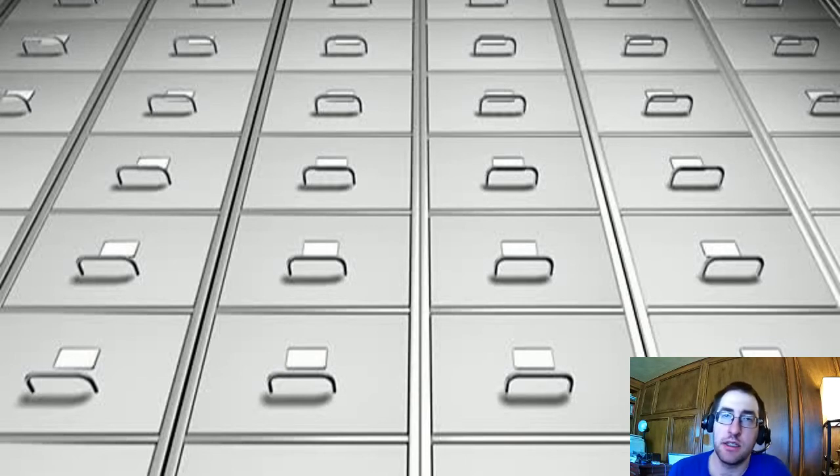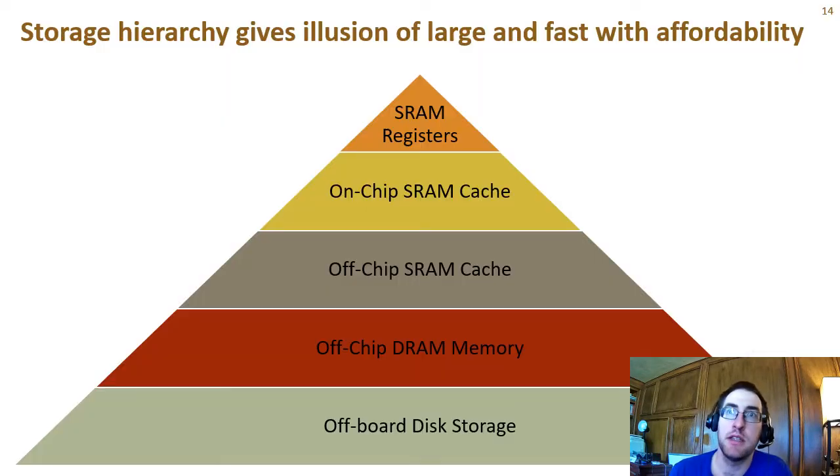So it takes a long time to find anything out here, and it takes a long time to get there as well. The warehouse, though, is very effective. It's very cheap, as far as scaling storage and having a lot of paper in one place.